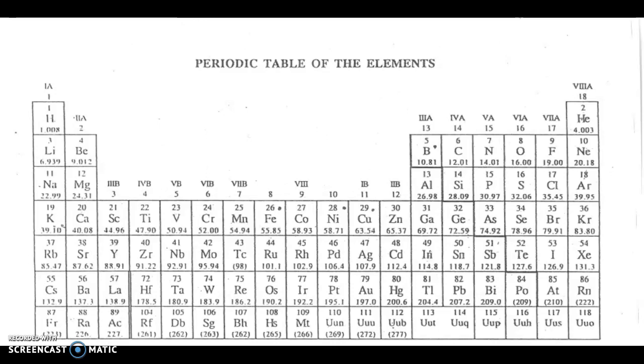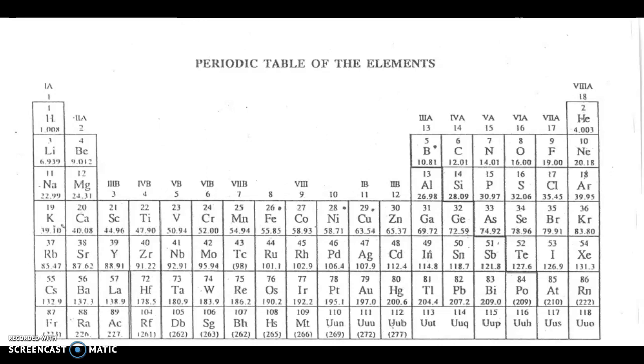When you're naming cations, you name them with just the full element name and the word ion. So Mg2+ would be magnesium ion. Be2+ would become beryllium ion. Na+ would become sodium ion. It's as simple as that.